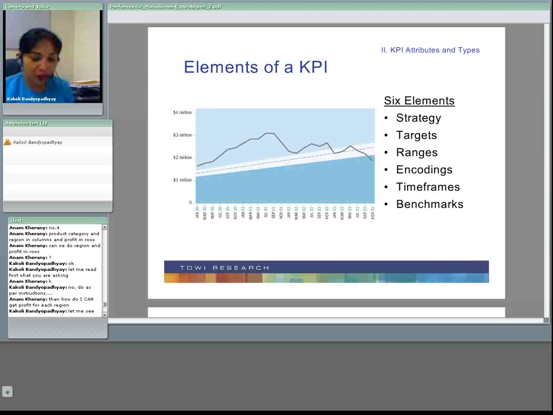Time frames, as we have talked about: targets are assigned time frames by which they must be accomplished. Like 10% performance increase by the year end. So that's the time period by which it must be accomplished. Then benchmarks: targets are measured against a baseline or benchmark.